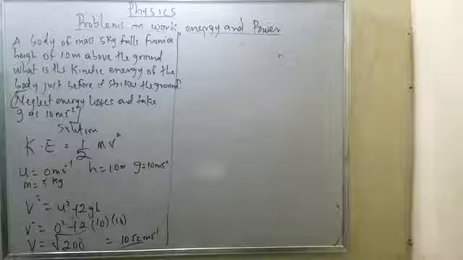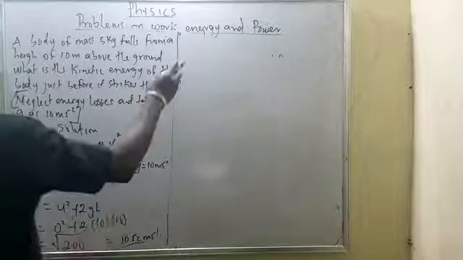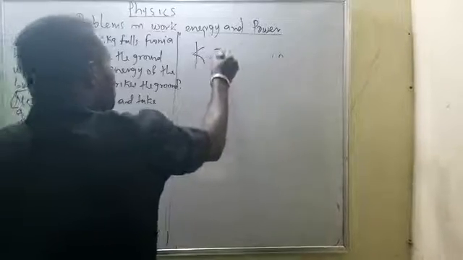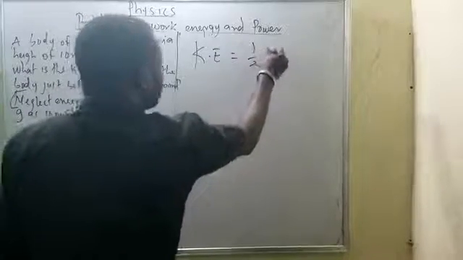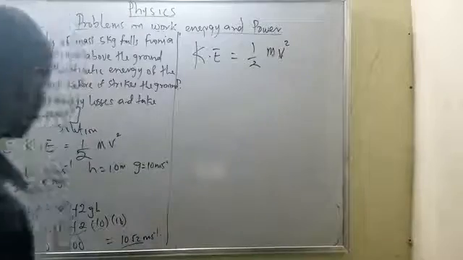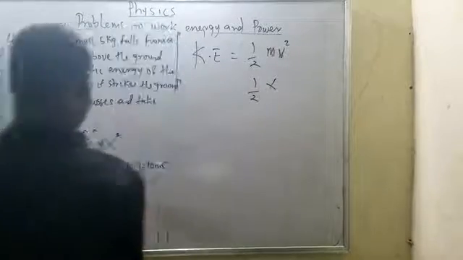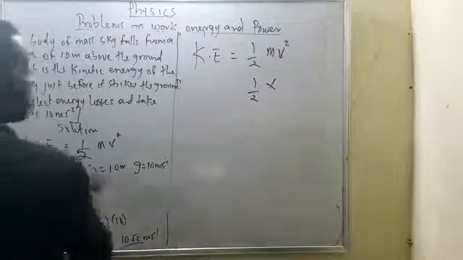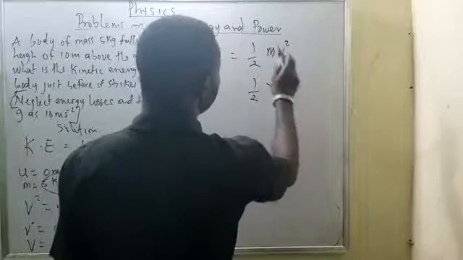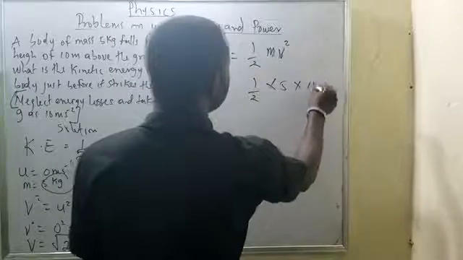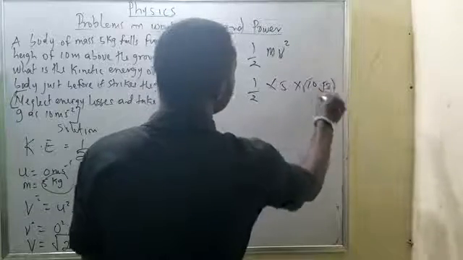Now, since I have it this way, I can now run to my kinetic energy. My kinetic energy will be equal to 1/2 mass times v squared. It means 1/2, my mass is 5 kg, multiplied by velocity, 10 root 2 all squared.